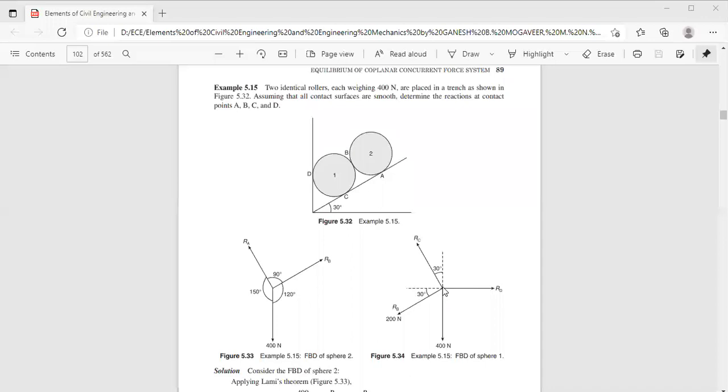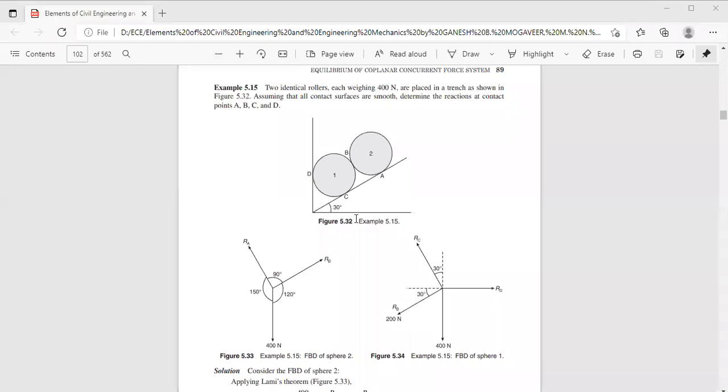Here you can see this is 200 Newton, and this is the angle 30, the angle with respect to the horizontal axis. So hence this 200 Newton, I think again some mistake is there. In the given problem you can see two identical rollers each weighing 400 Newton, but here he has taken 200 Newton. 200 Newton, it is RB.